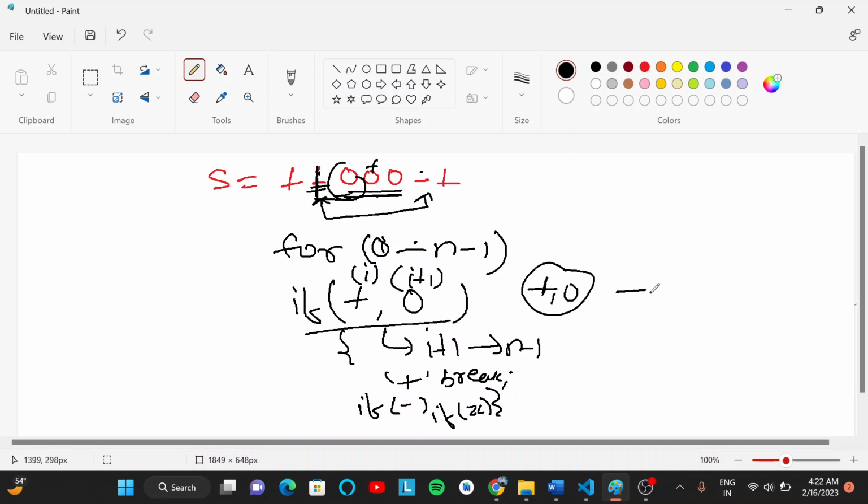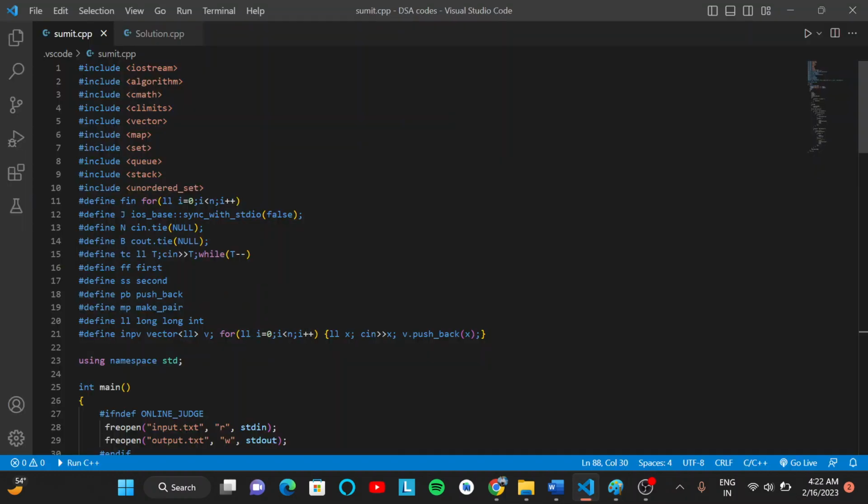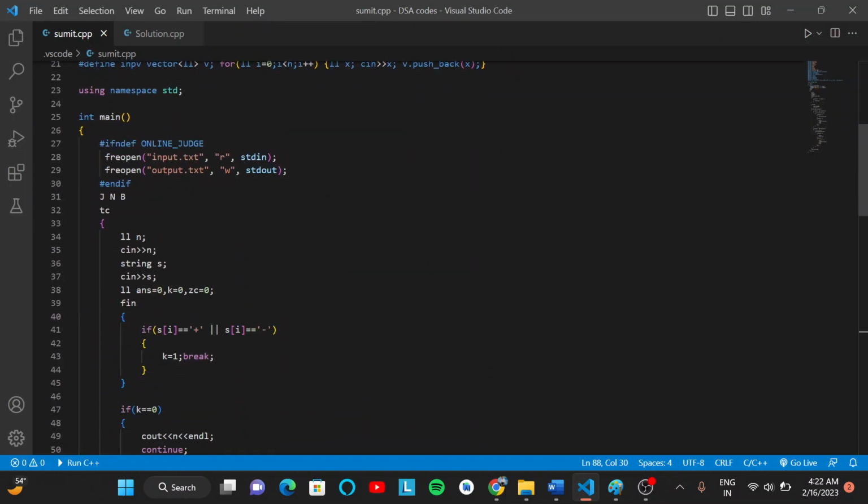We need to check the minus and 0 pair as well, and to give you more clarity I will take you to my code. So this is the code where I have taken the length of the string and the string itself.